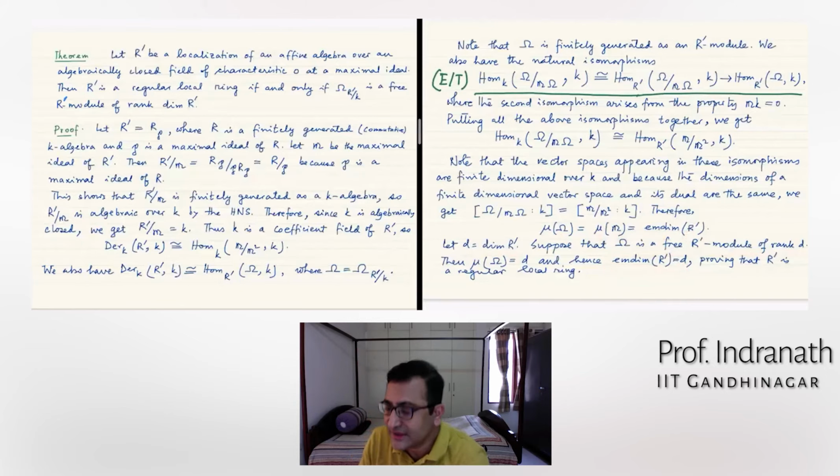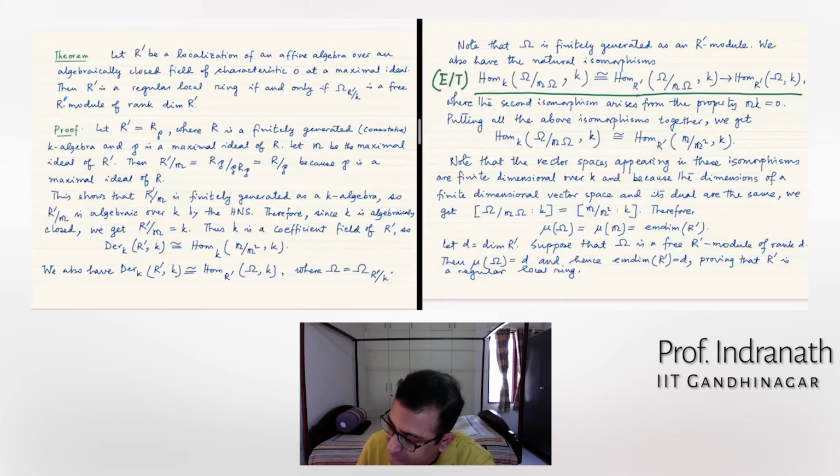So one part follows from these observations. This is the star observation through which you are able to say this. And because these are the duals, here you have the dual, sorry, this is over K, it's a mistake.